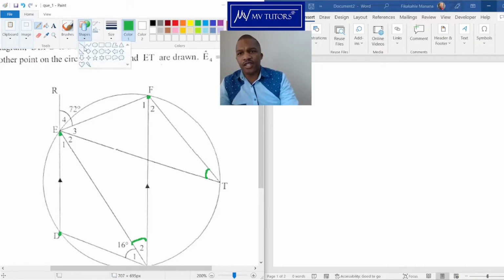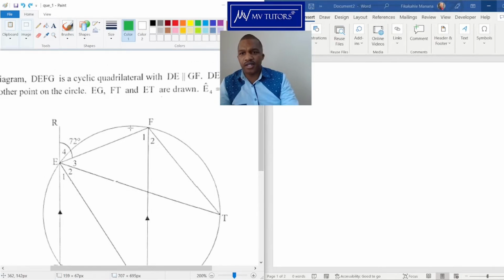That same chord EF, or same segment as you prefer, is subtending these two points, so they are equal. Those are just clues that we are getting from the statements being given.